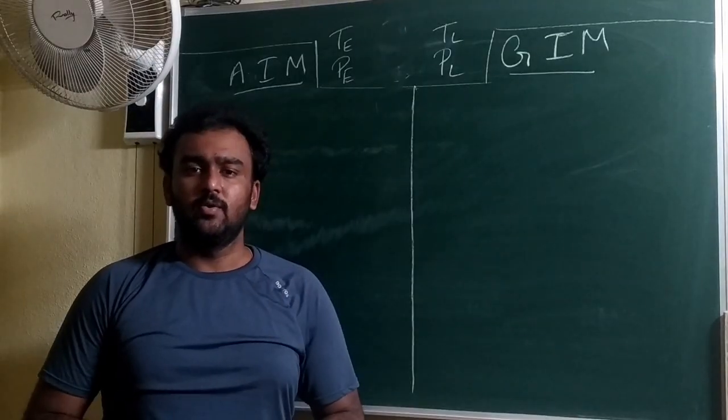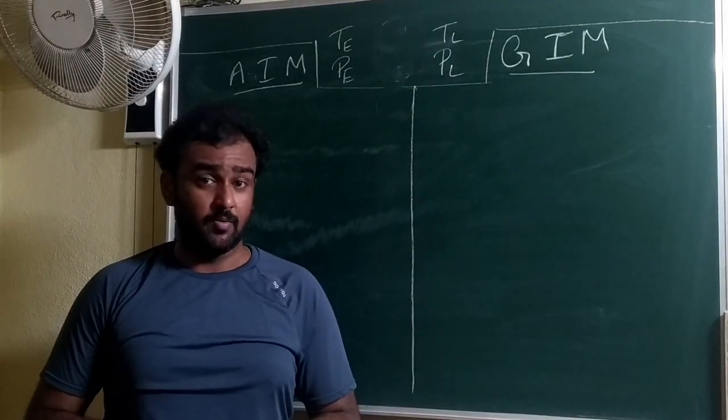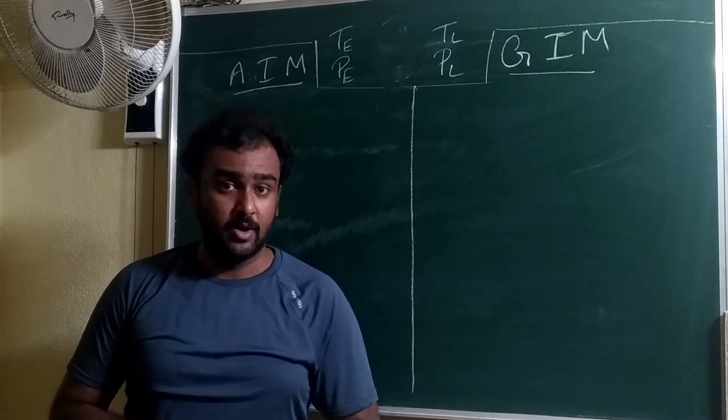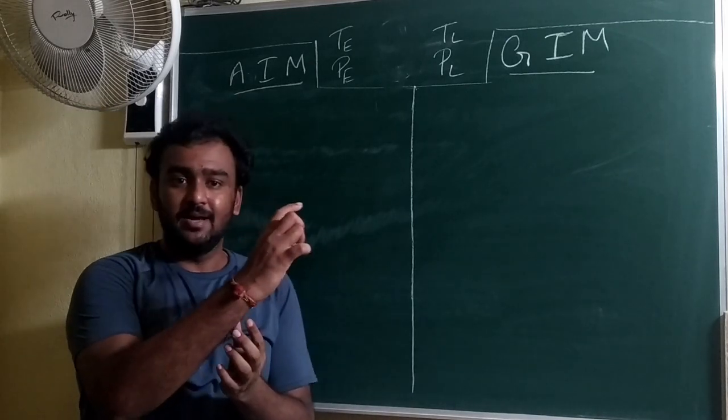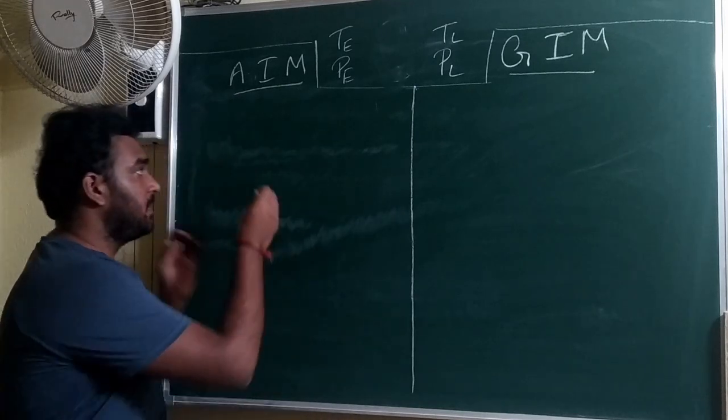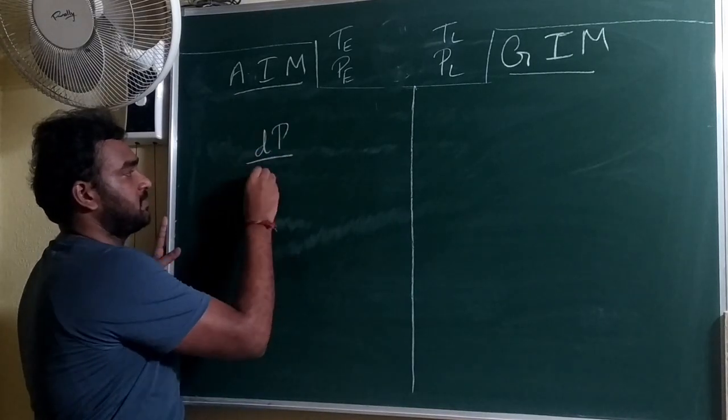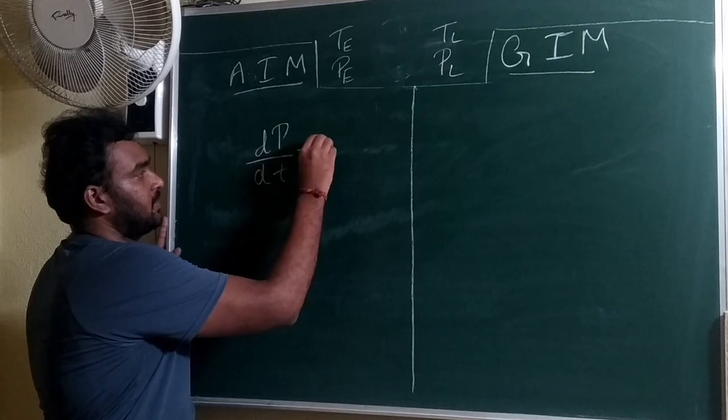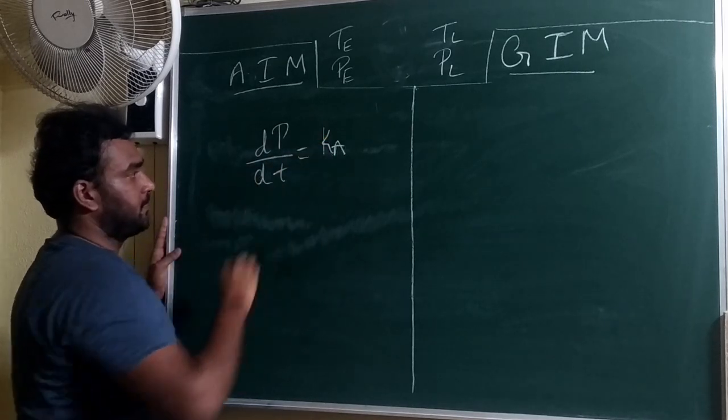In the previous video, we discussed the logistic curve. Considering the logistic curve, in the arithmetic increase zone, dp, the change in population with respect to time, is constant, and is represented like this.